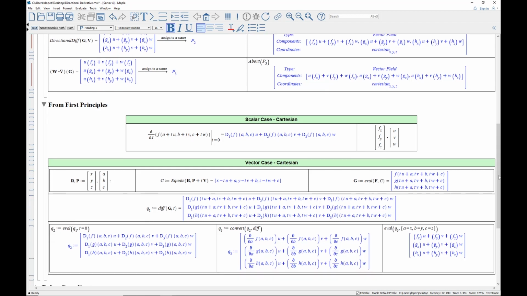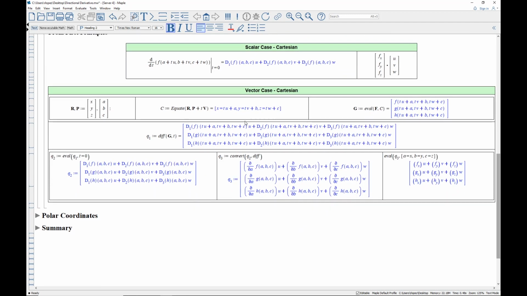Now, can we do that in the vector case? So we need a curve in R. It is x, y, z, P is a point a, b, c, plus tV, where V is the direction vector.